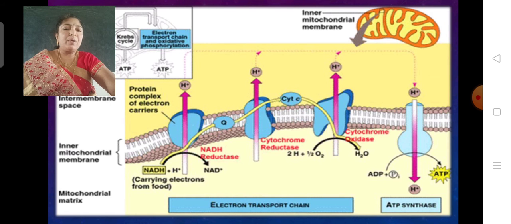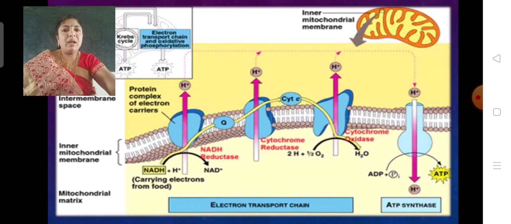Here 10 protons are released into the perimitochondrial space, whereas ATP is formed during this electron transport system, and these electrons are carried by the electron carriers, in which cytochromes are the electron carriers. Finally 34 ATP are formed in this electron transport system.